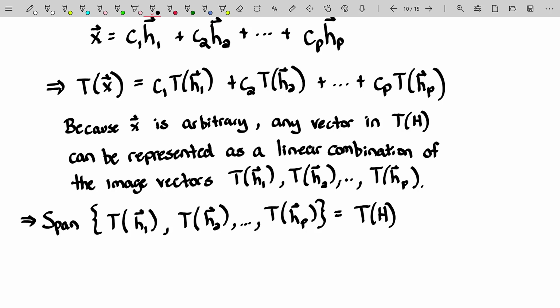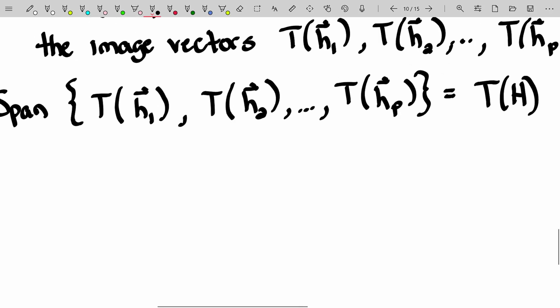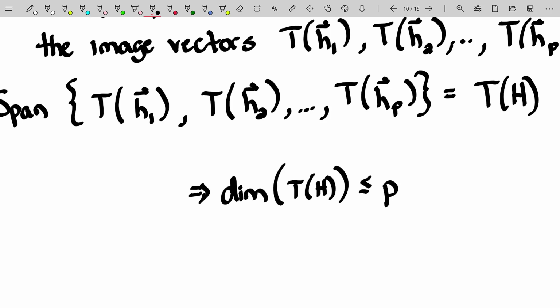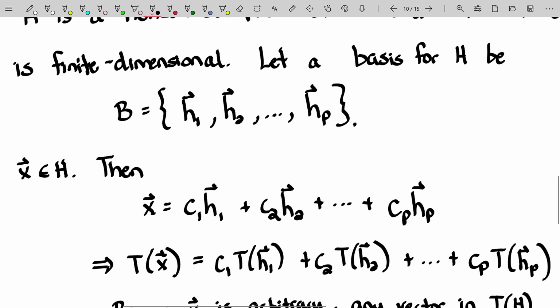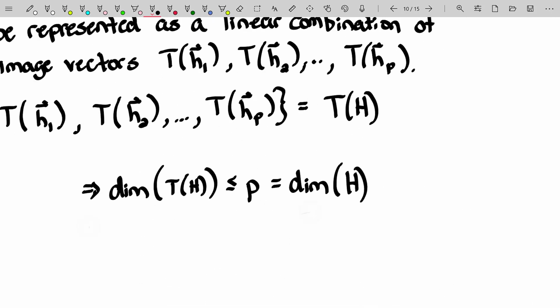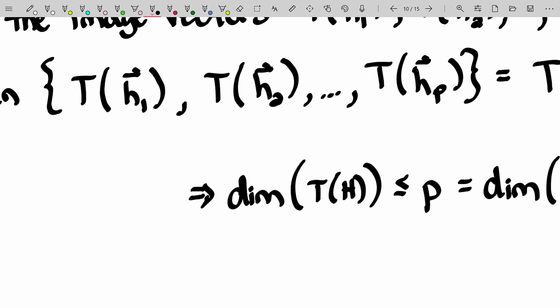Now remember, these vectors here will build T of H, but some of them might be linear combinations of others. So at max, the dimension of the space, T of H, is going to be the number of vectors you see there, which is P. And P, remember, was the dimension of H. We're not saying that all of these images are linearly independent.